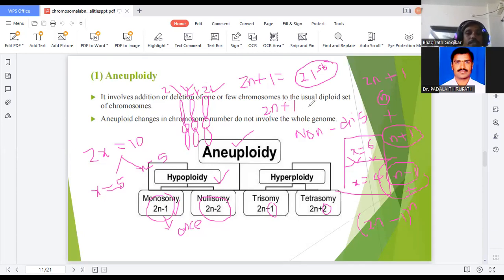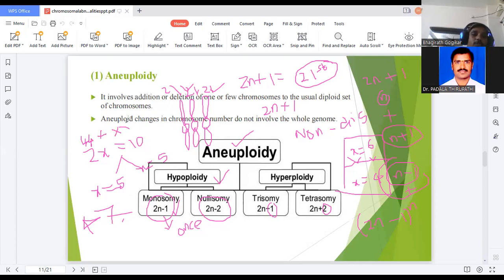Yes, sir. Klinefelter syndrome, what are you expecting? How many chromosomes are there? A person suffering from Klinefelter syndrome has 47 chromosomes. But human beings normally contain how many chromosomes? 46. So you can write Klinefelter syndrome is equal to 44 plus XXY.